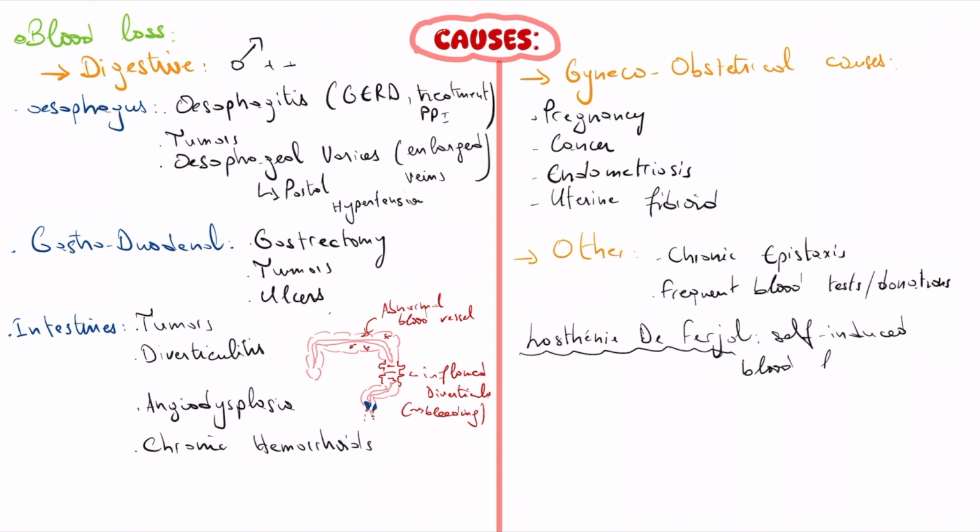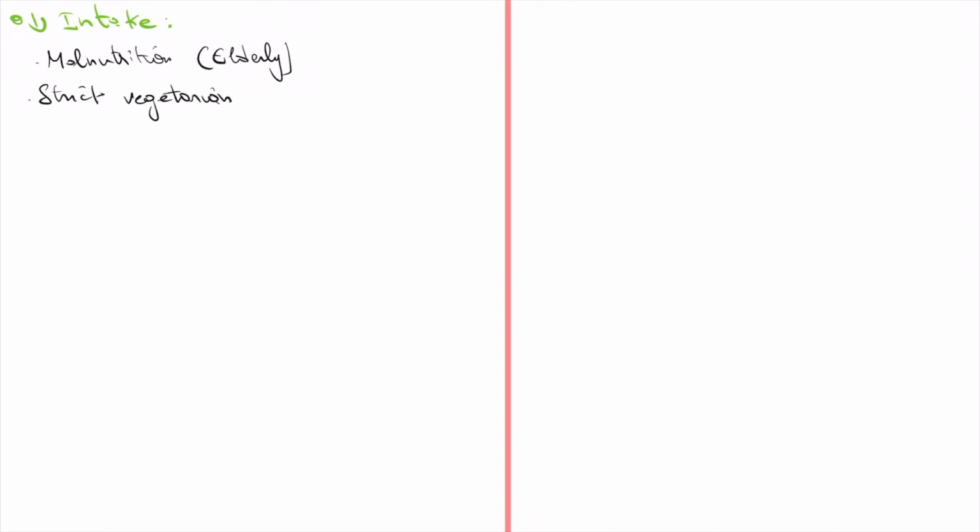It's a psychiatric disorder. We can have low intake, for example, malnutrition, especially in elderly, or strict vegetarian diets. Hence why it is advised to increase vitamin C to facilitate the absorption of non-heme iron.